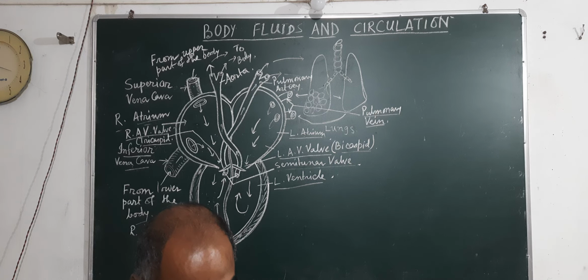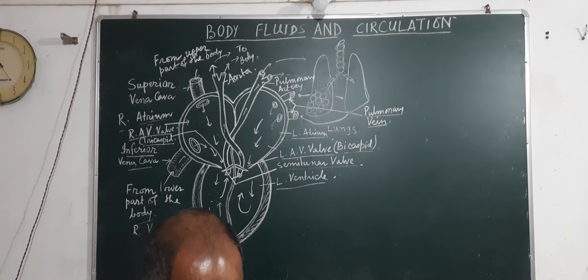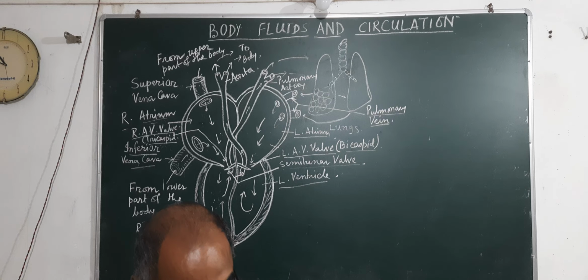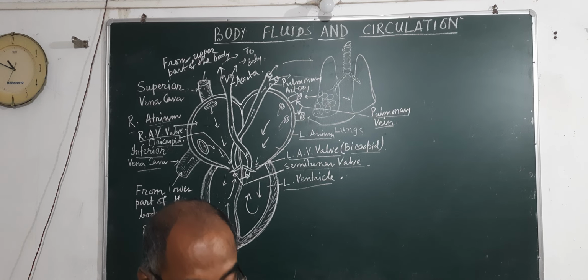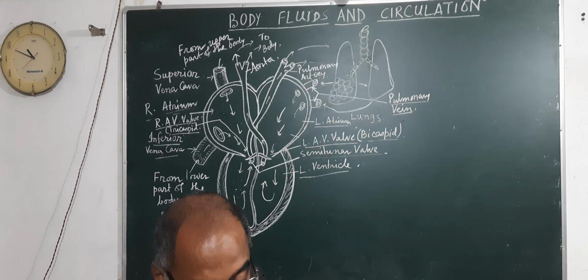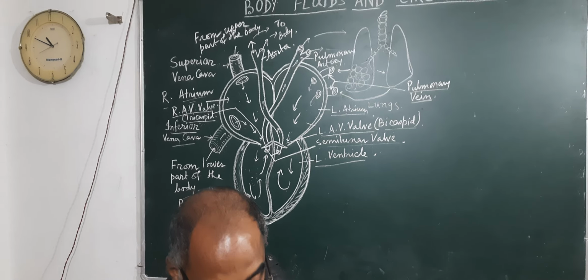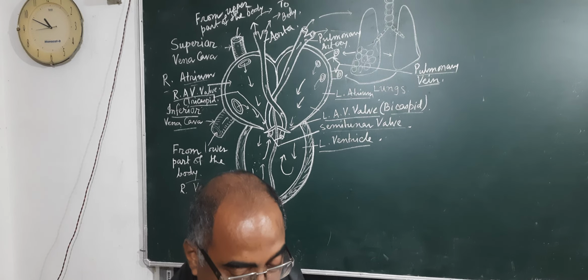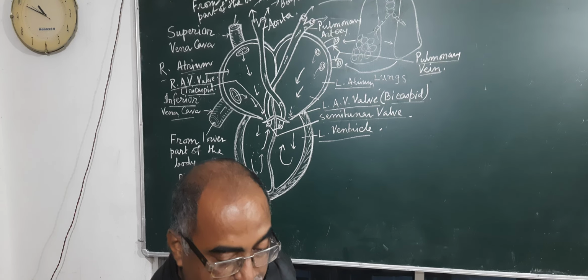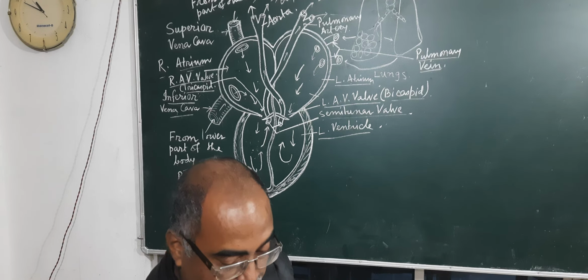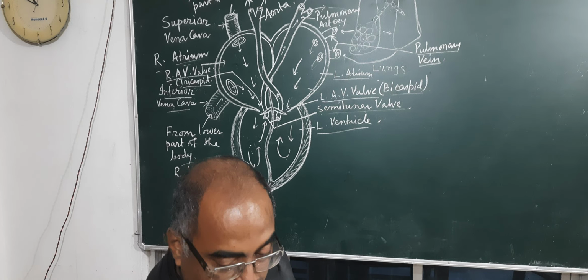We have studied body fluids and circulation, then the comparison of vertebrate hearts, then the circulatory pathway, then the human circulatory system flow chart, then blood coagulation and how coagulation occurs, then blood grouping, then Rh factor, Rh blood groups, then erythroblastosis foetalis and how it occurs, then the types of blood vessels like artery, capillary, veins, and how blood is transferred from the vein to artery and vice versa.